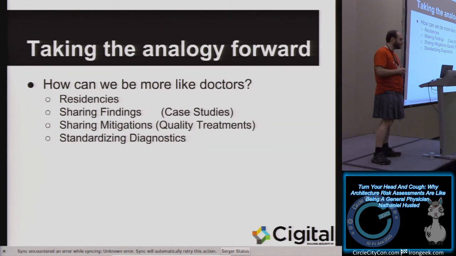We talked about that a little bit earlier. I'm going to go into a little bit more detail there. As well as sharing medications, quality treatments. And this is something that they do in the medical field in a number of hospital groups. But also standardizing the diagnostics. I mentioned this a little bit earlier, where we have a number of different ways of doing things.